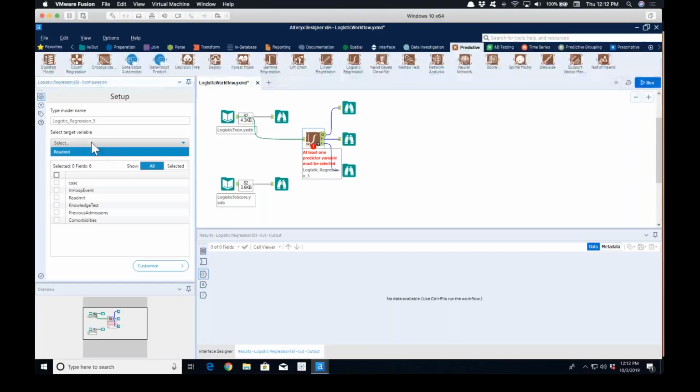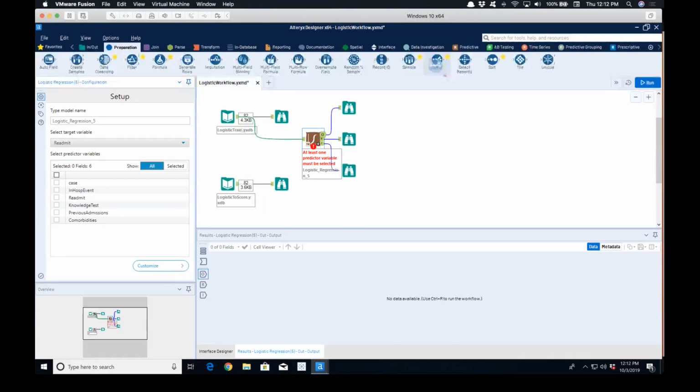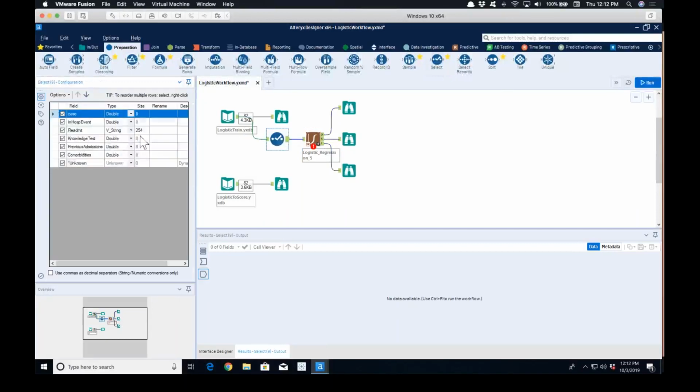First, we'll notice the only variable that we can see when we're selecting the target variable is readmit. Let's talk about why that is for just a second. I'm going to pull a select tool down here, and you can see from the select tool that this readmit variable is the only one that is listed as a string. We know that one's a 0 or 1.